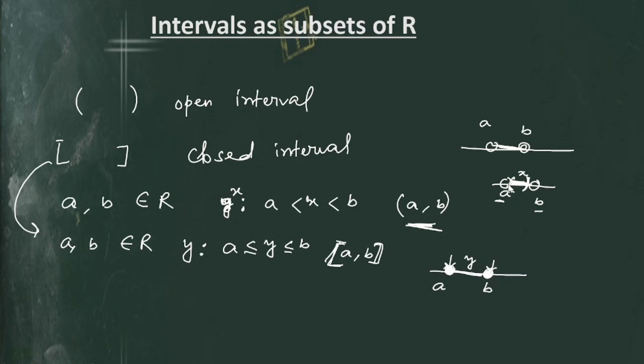In an open interval, x cannot include the points a and b; it lies only between a and b. In a closed interval, it can lie on a and b. This is the difference between open interval and closed interval. This is the representation of a closed interval in set builder form, and this is the representation of an open interval in set builder form. I hope you understand the concept.